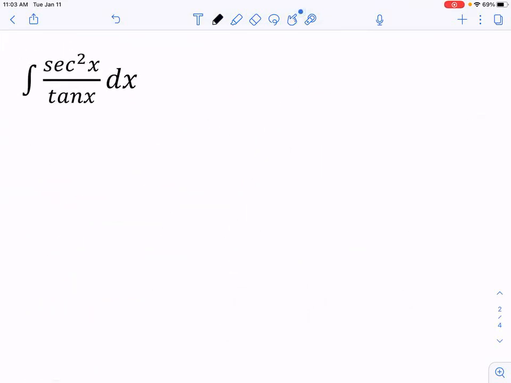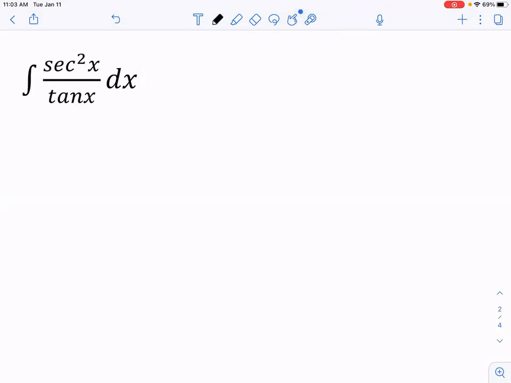Now before, when we had any sort of trig in our antiderivative, or in our integral, I should say, then if it wasn't a straightforward rule, I said your only other option is to start using trig identities until you get something that's a straightforward rule. Okay, that's still going to be the case sometimes, but now we have U substitution to help us.